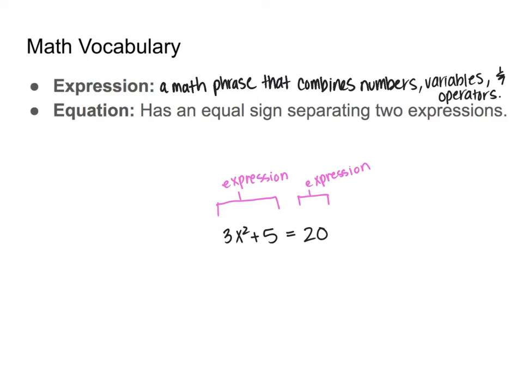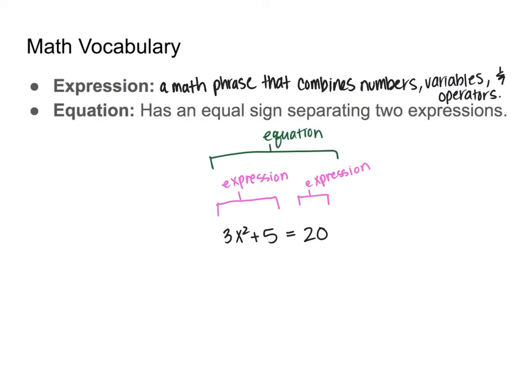So with that being said, whenever you have two expressions equaling each other, that's an equation. Notice the EQ in equal and the EQ in equation. Equations are two expressions equal to each other. So in this hierarchy, when you combine these two, you get an equation.